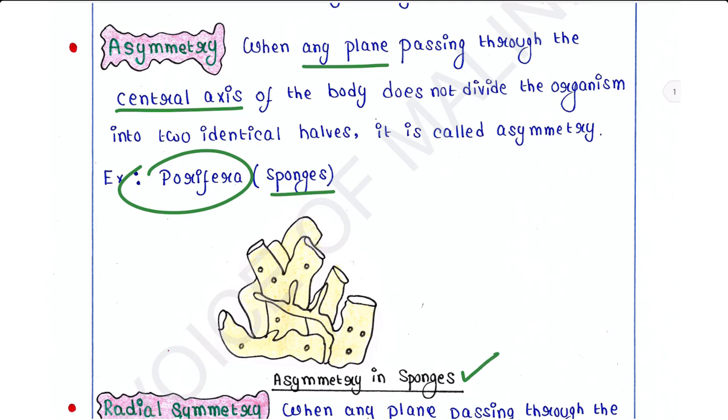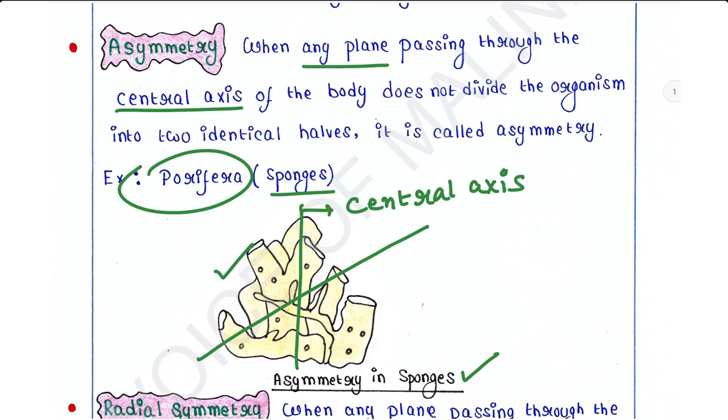Suppose this is the imaginary central axis of the sponge. Now, if you cut the sponge through this plane, it will never yield two identical halves.